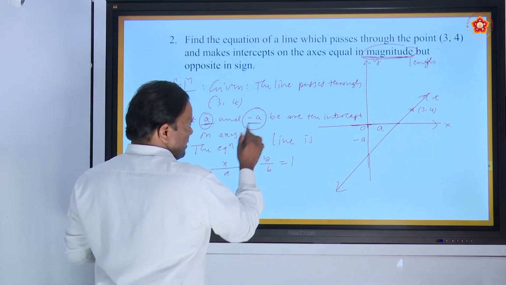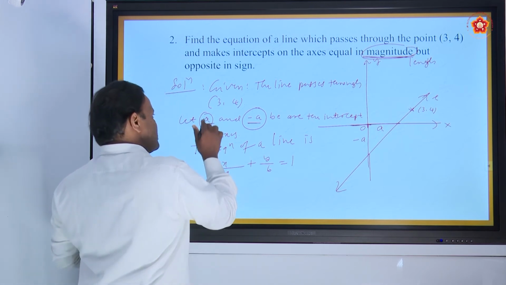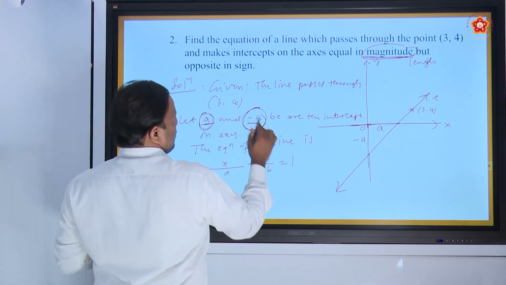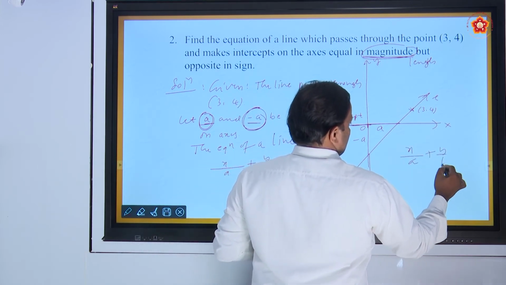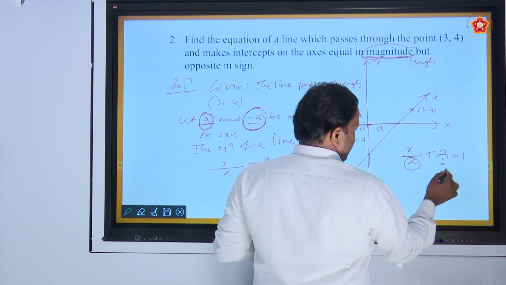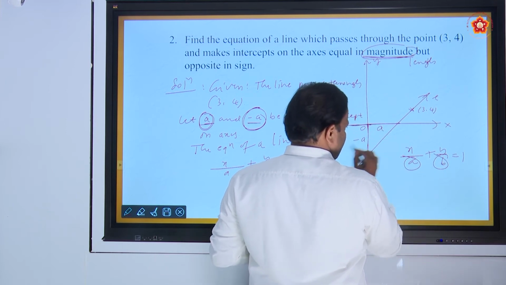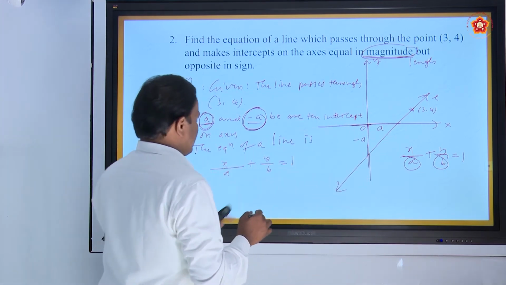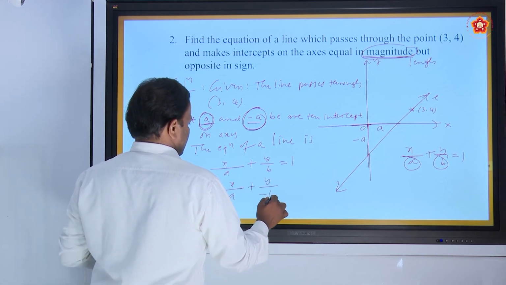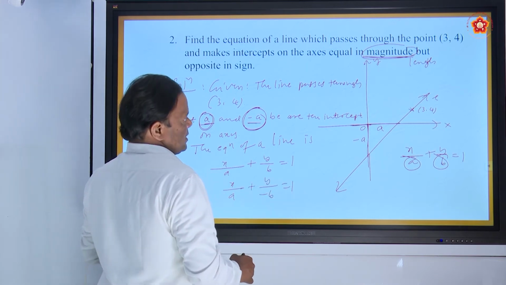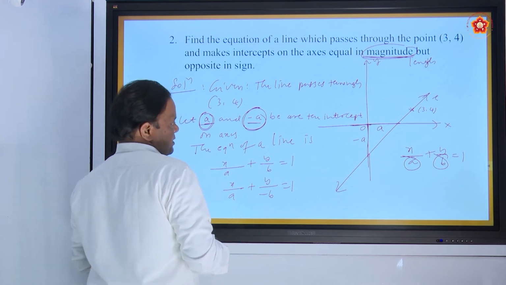So instead of B you take minus A. We know the equation of a line is x by A plus y by B equal to 1, where A is the x intercept and B is the y intercept. What is B? The y intercept here is minus A. So x by A plus y by minus A equal to 1. Simplification.